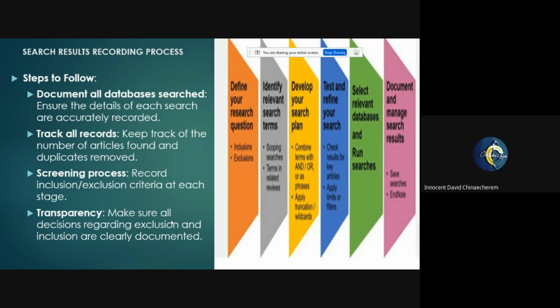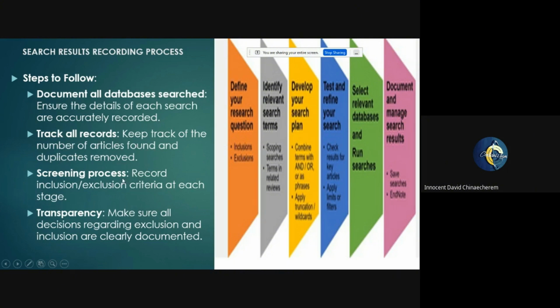Another beautiful aspect of it is the search results recording process. So how do we record? Technically, I've just said that in my last slide. Some of the steps we need to follow are: we need to document all the databases that we've searched, so we ensure that the details of each search are accurately recorded. Then we also have to track all the records, keeping track of the number of articles that are found and duplicates removed.